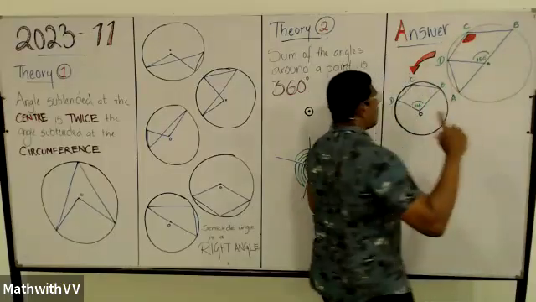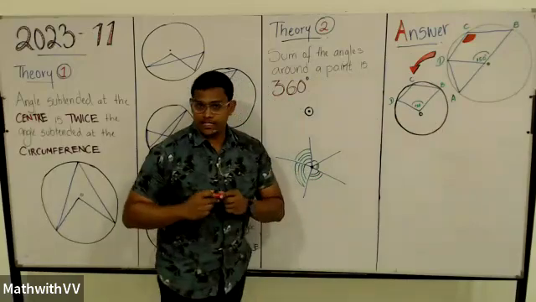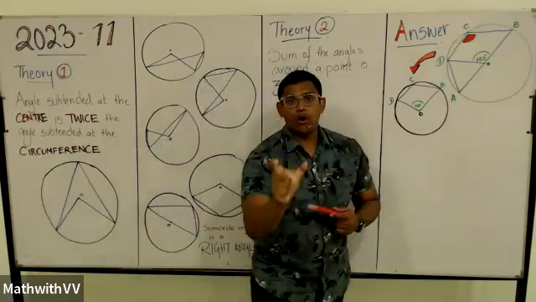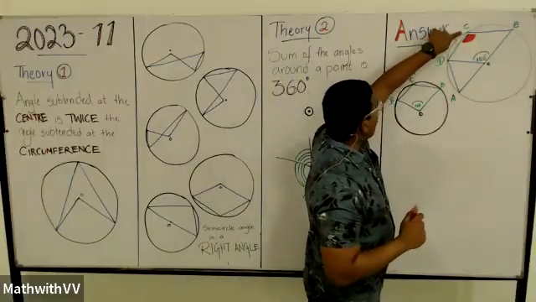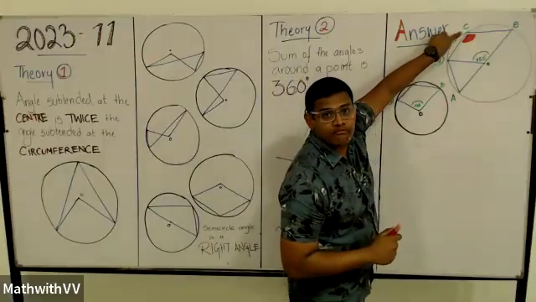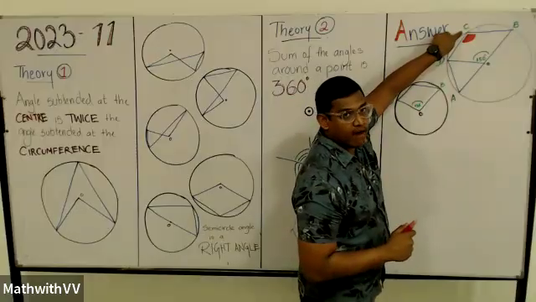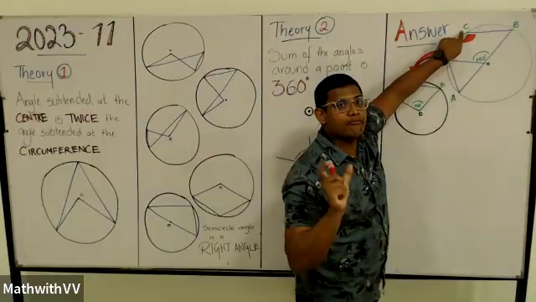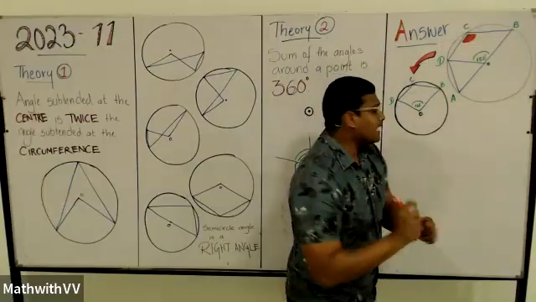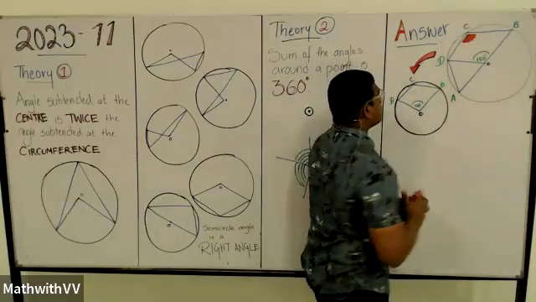So the break point of this question is the moment you realize this is an angle at the circumference. Then I'll go and check what is the angle given to me.